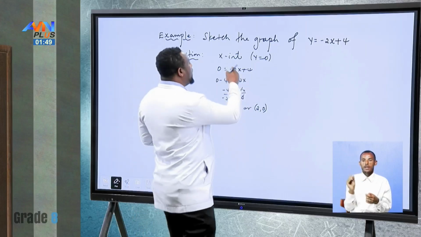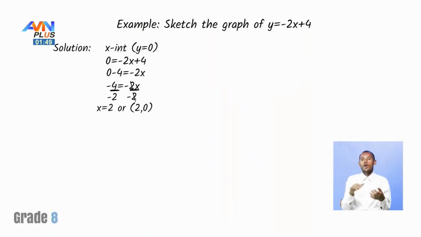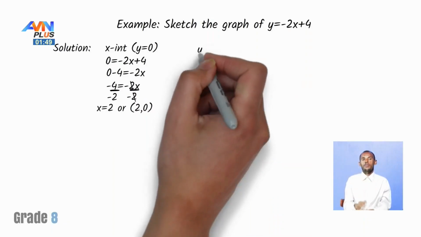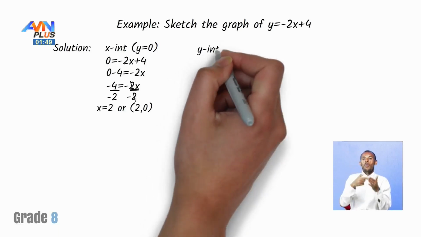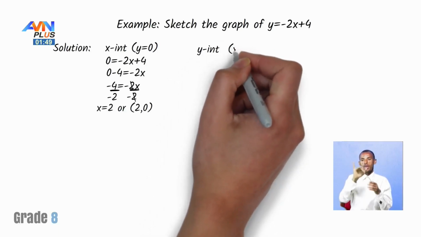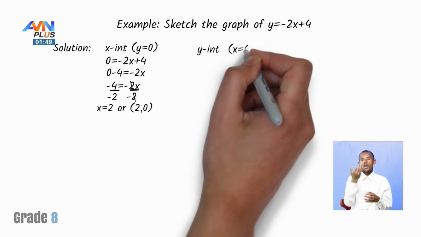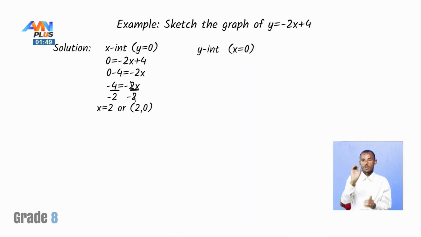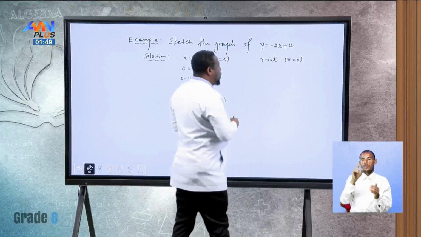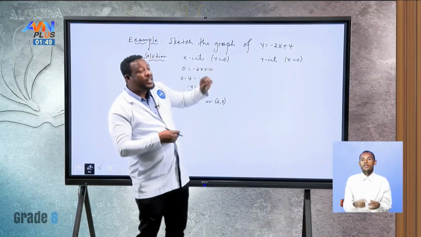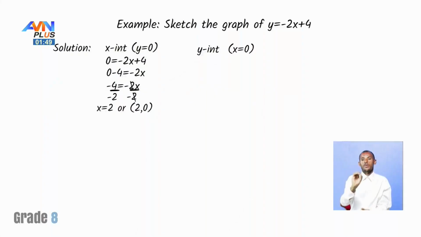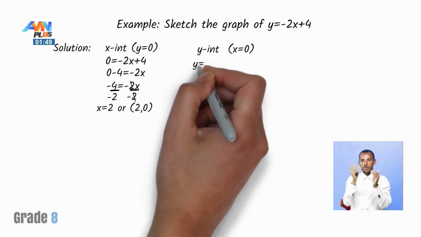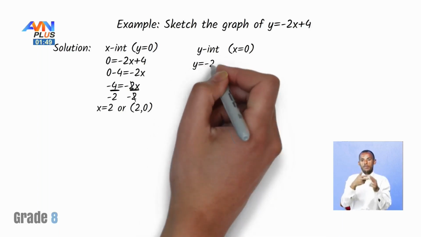The other thing is the y-intercept. Okay, can you tell me what I should do to find the y-intercept? Well, if you say x is equal to 0, you are correct. So in the given equation, we substitute x is equal to 0, then this becomes y is equal to minus 2 times 0 plus 4.